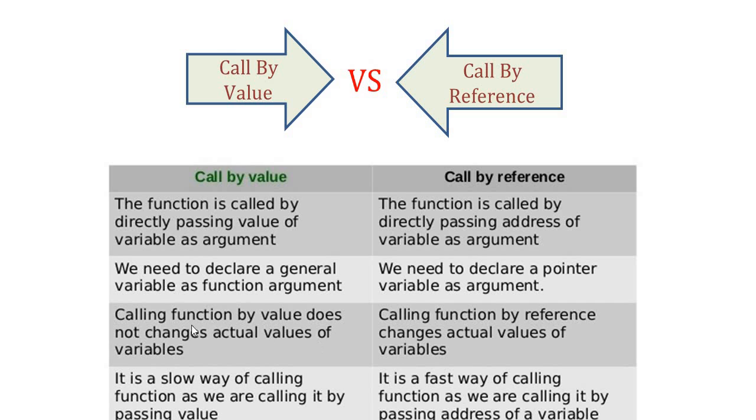Calling a function by value does not change the actual value of the variable, as it was in the swapping function. The values of a and b remained the same. Calling a function by reference changes the actual value of the variable. Call by value is a slower way of calling a function as we are copying values, so it will take some time. And over here it's just a simple function call because we are passing the address of the variable.